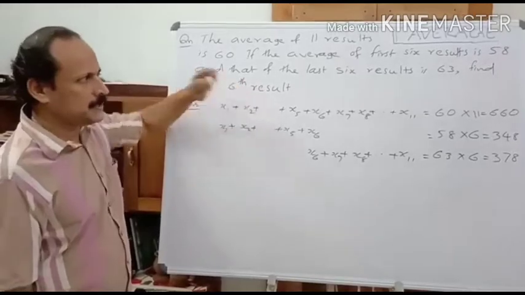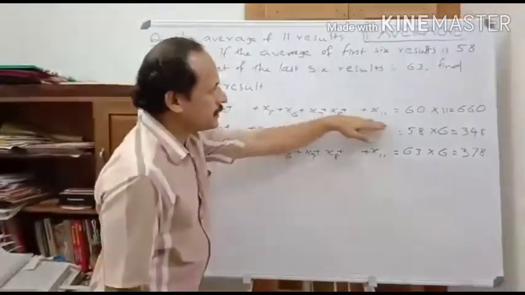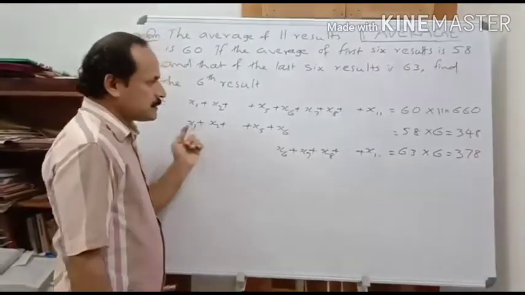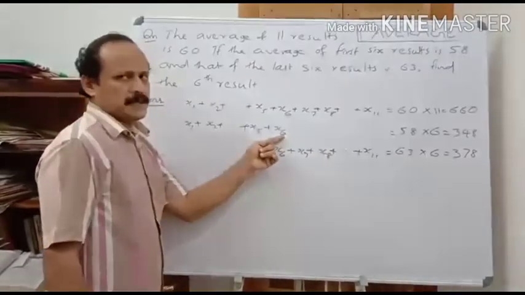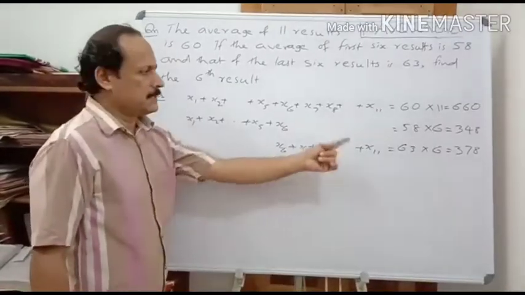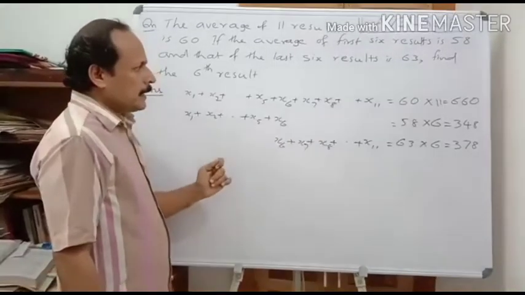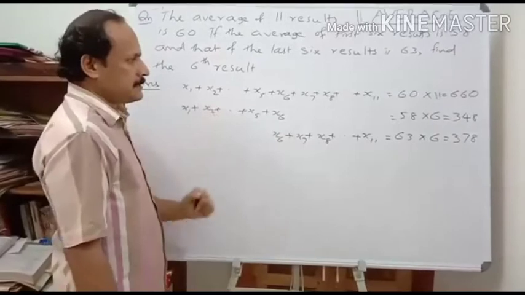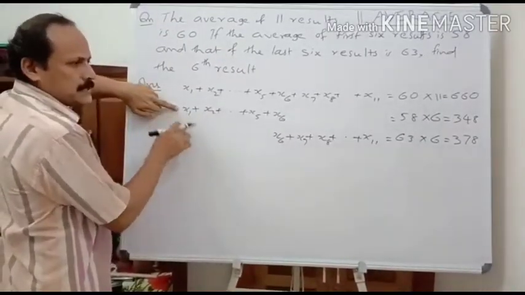Which logic do we use here? All these observations have this sum 660. These observations have sum 348, and x goes up to 6. Here this sum starts with x6. This x6 is repeated here. And how do we obtain this x6? You add these two equations.